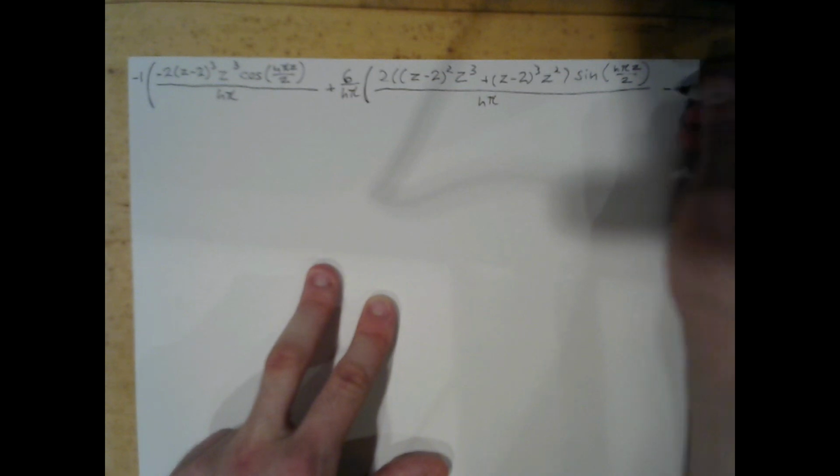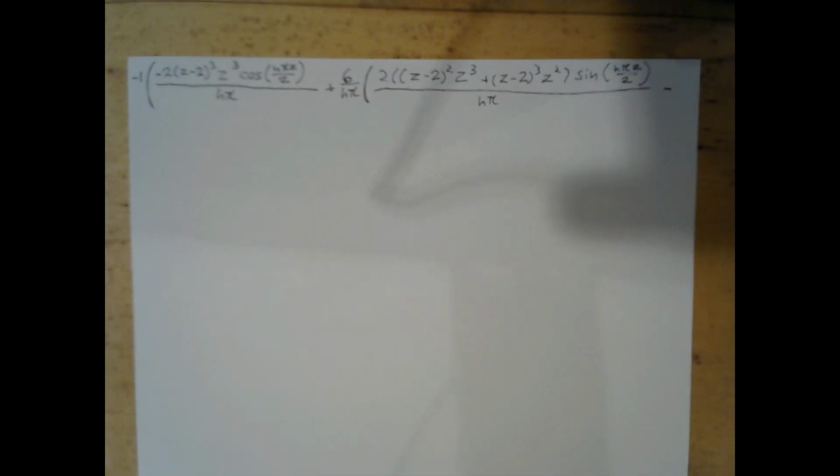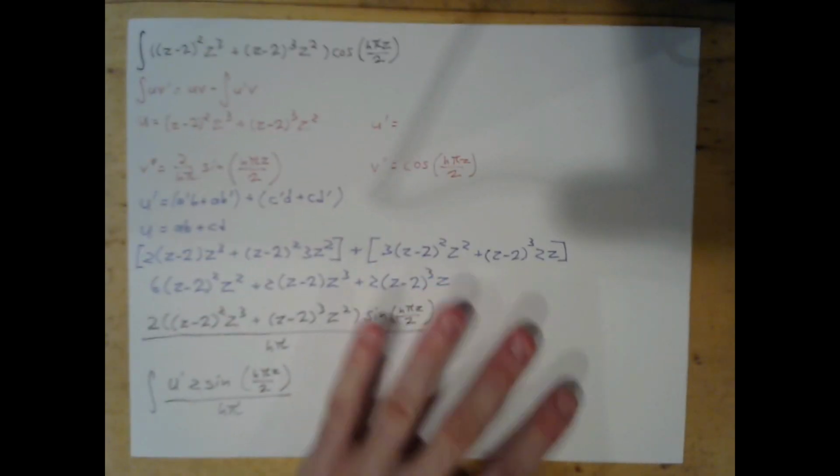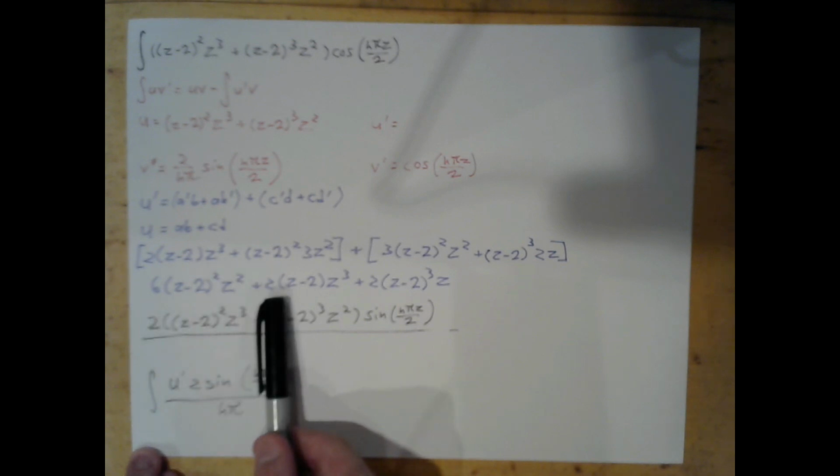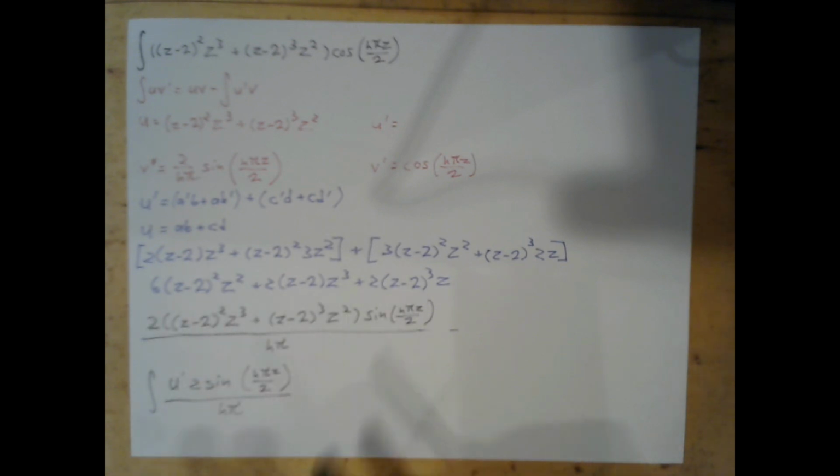And now we're subtracting. So looking at our next term and going back to this right here, within this, when we multiply, we're going to be multiplying here by 2 on the front of u prime. So when we multiply by 2, the 6 will become 12, the 2 will become 4, and the 2 will become 4. So we're going to divide out 4.